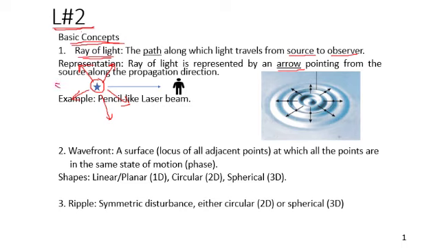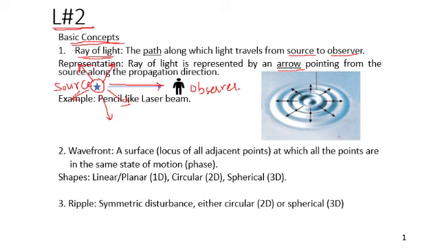So this is the source of light or any other wave, electromagnetic or whatever. And suppose you are some observer, and you are looking into the source of light. So for example, if this is the sun or a bulb, light is coming to you in this direction.